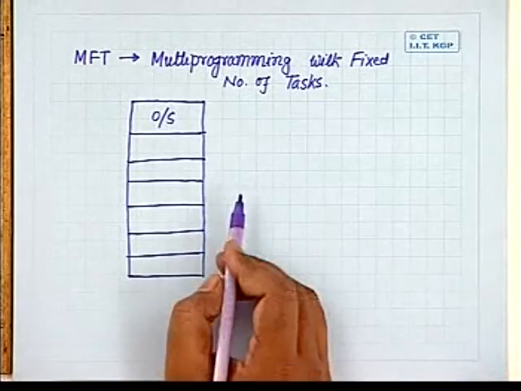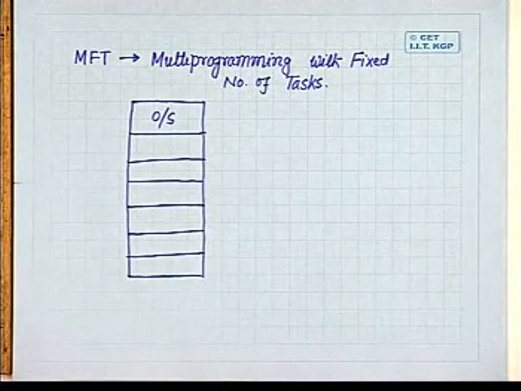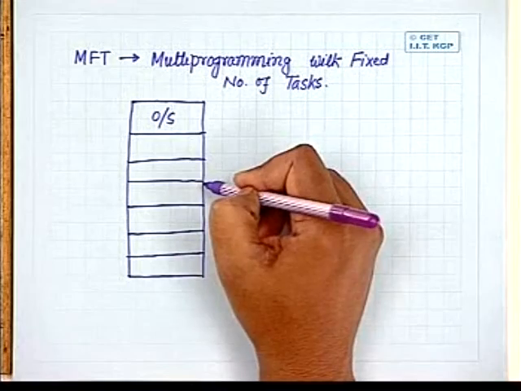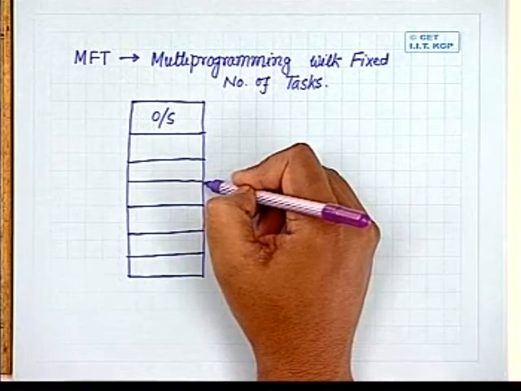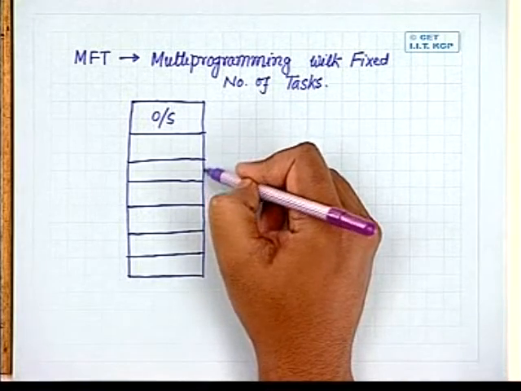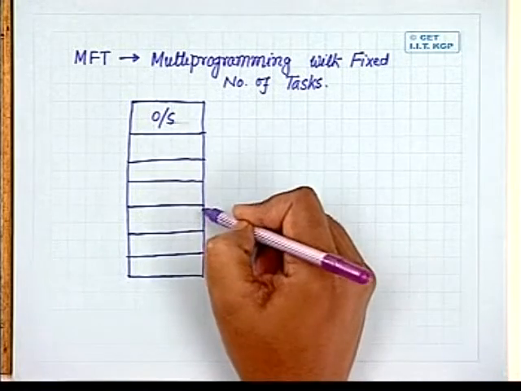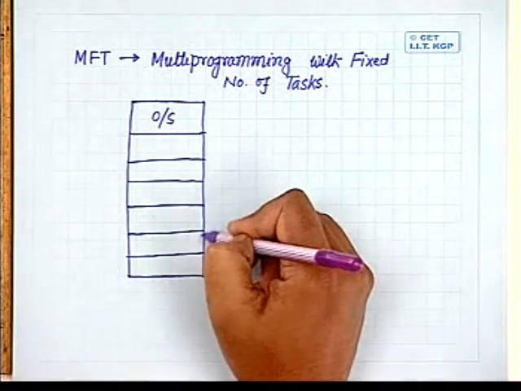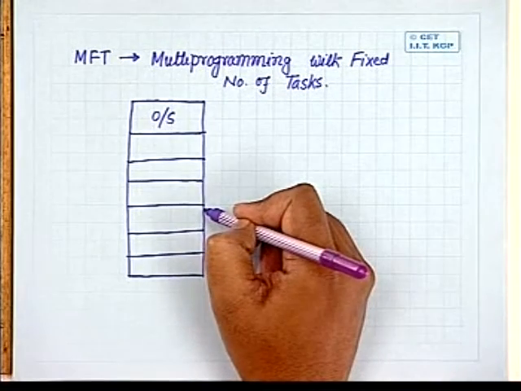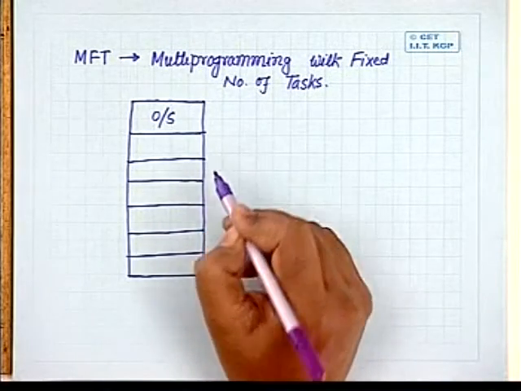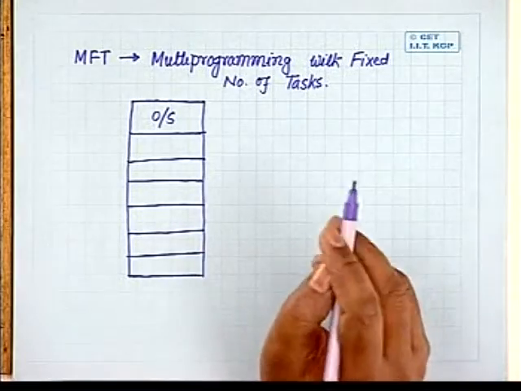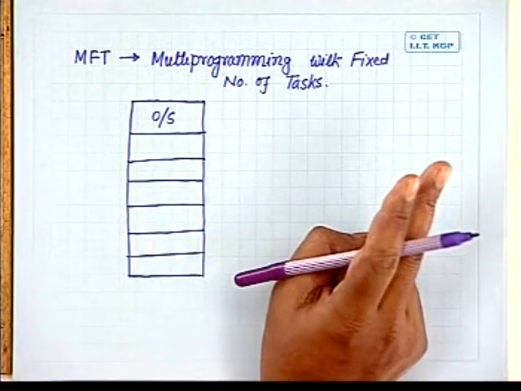But in this case, because I have multiple partitions, I have jobs which are at addresses less than the partition address, and I have jobs which can also be at addresses higher than the partition address. That means to protect every job against others, I must have two bound registers.